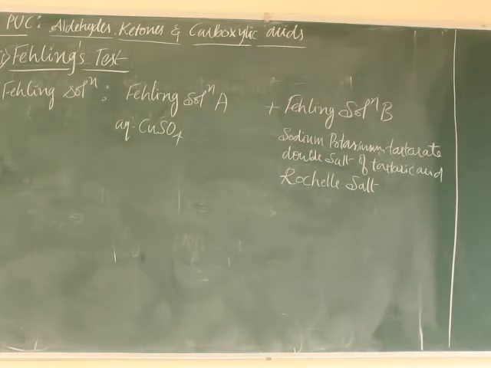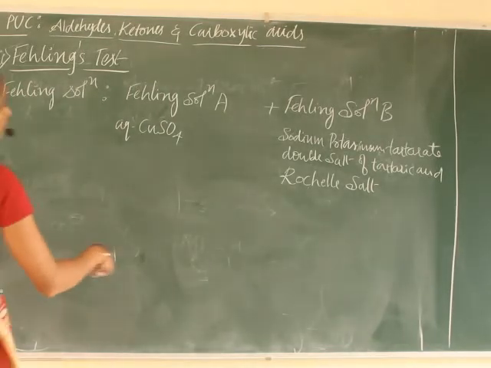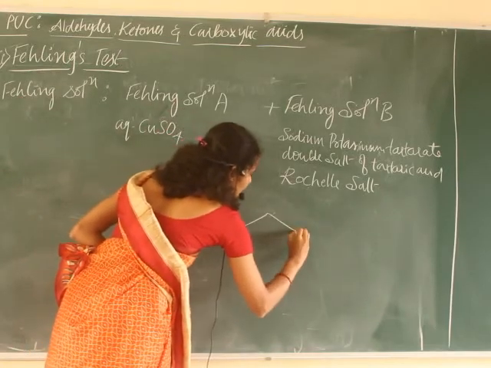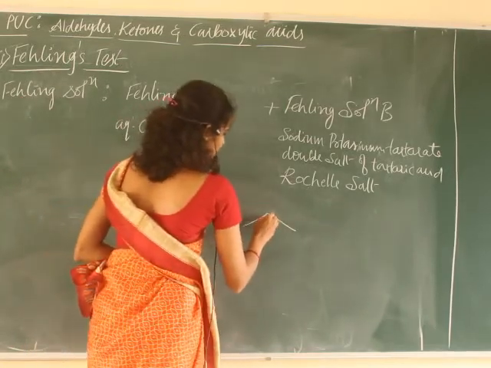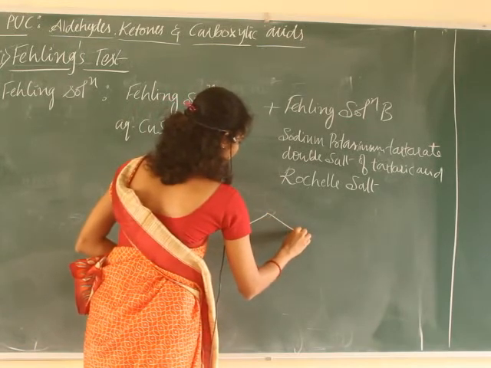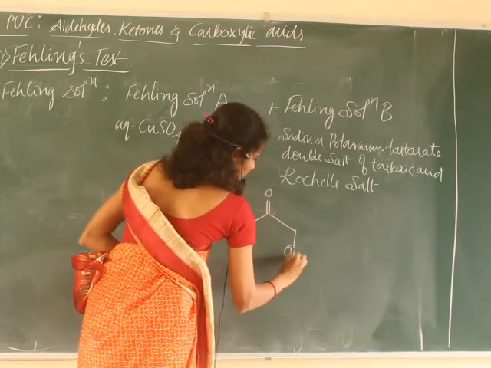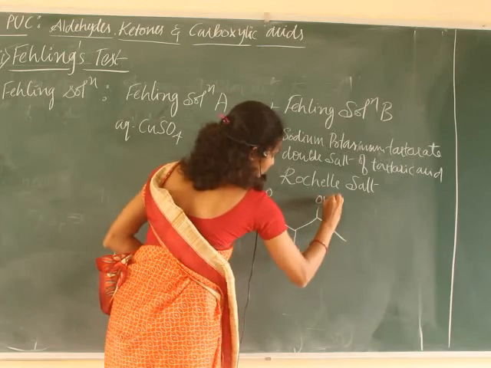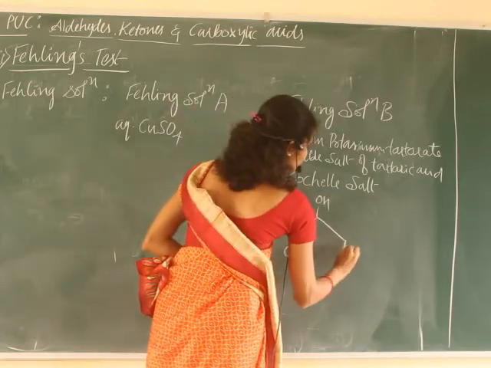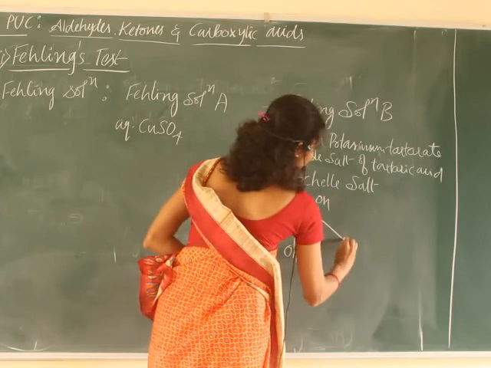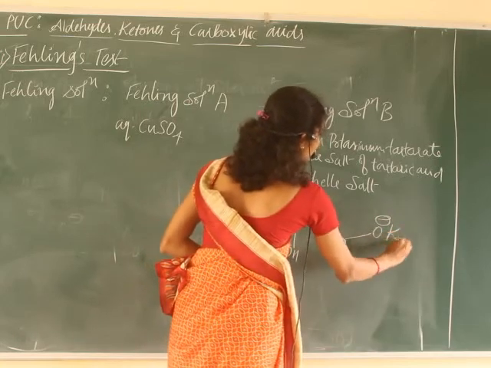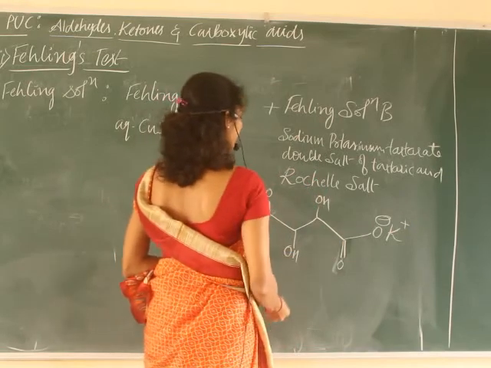Rochelle salt or sodium potassium tartrate. The structure of Rochelle salt has a double bond O and O minus K plus or O minus Na plus.